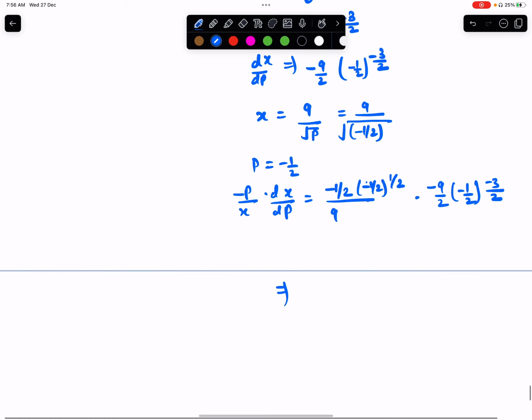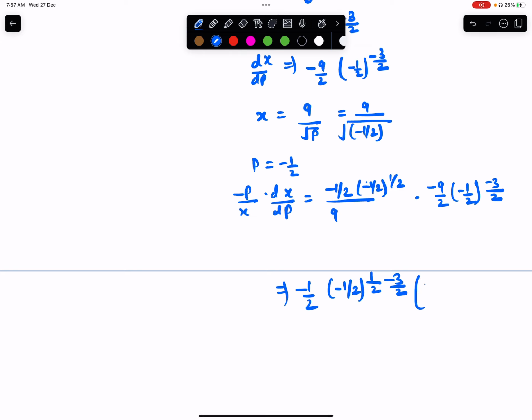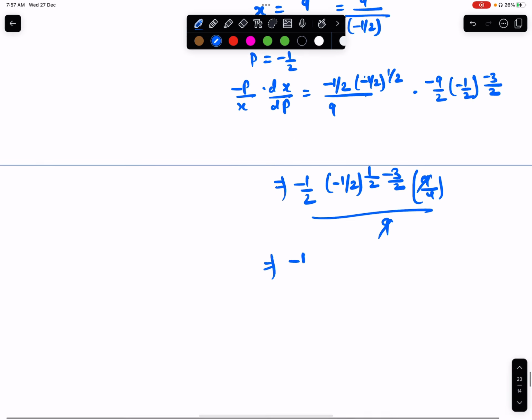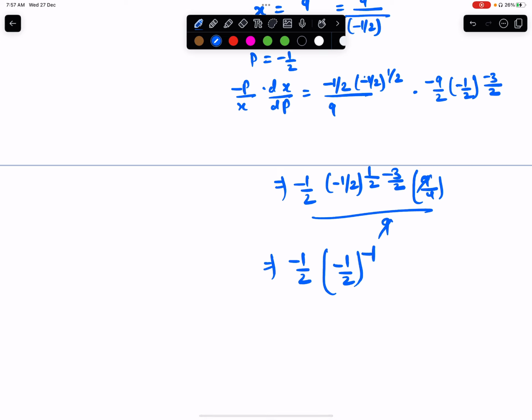So this is equal to minus 1 by 2 minus 3 by 2, and then 9 by 4 divided by 9, the 9s cancel out. This is minus 1 by 2 minus 1 by 2, that is minus 2 by 2, minus 1, into 1 by 4. So this is minus 1 by 2 raised to the power minus 1.